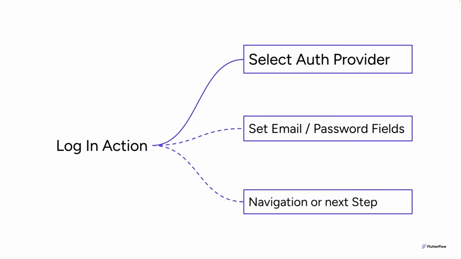Enabling the login action is fairly similar to creating a user account. You should add a login button and attach a login action to it. Depending on your provider, you may need to set some information such as username and password, and potentially you need to handle success or failure of login either by taking the user to the next step or navigating to a protected page.